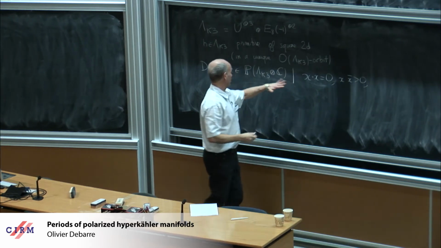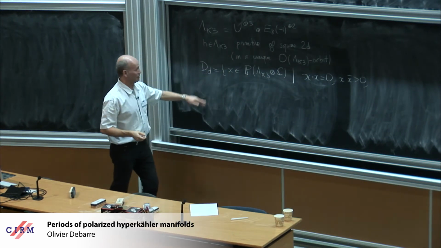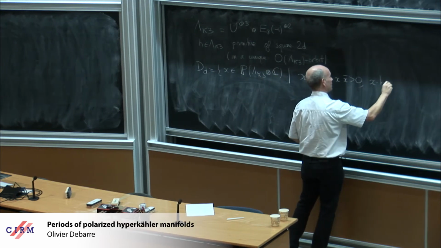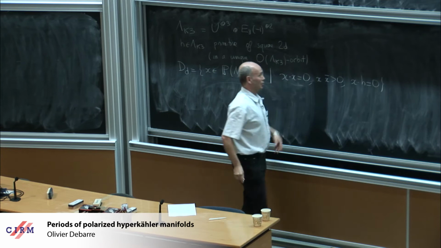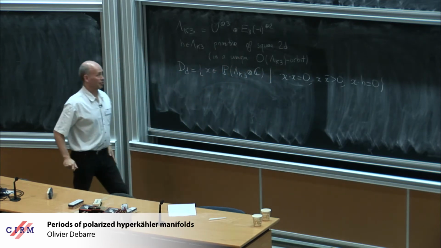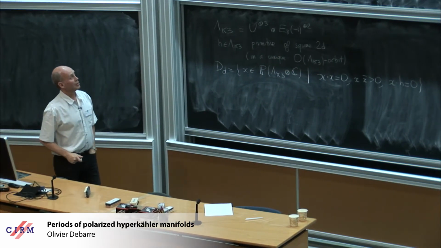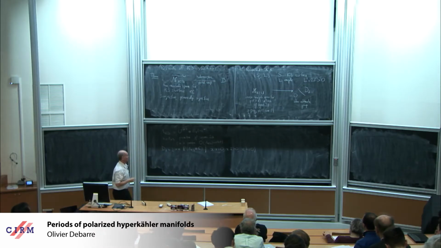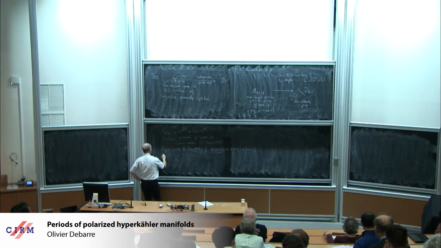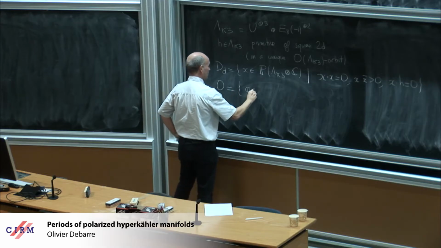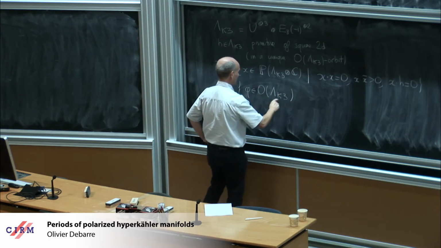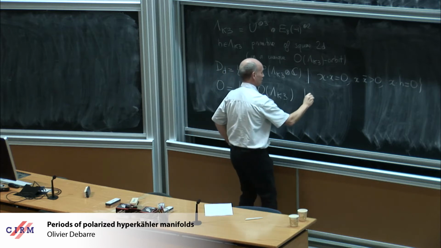Okay, so that's the definition of D, capital D. And the extra condition that we want is that the period be orthogonal to this element H. Okay? So this is the period domain upstairs for polarized K3 surfaces. And the group O will be the set of isometries of the lattice Λ_K3 that fix H.